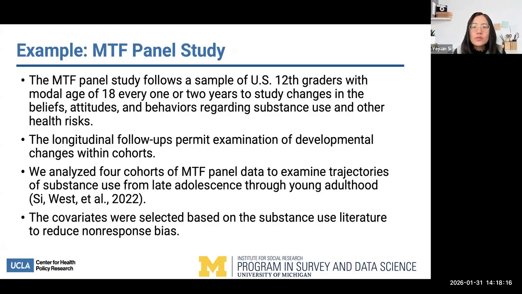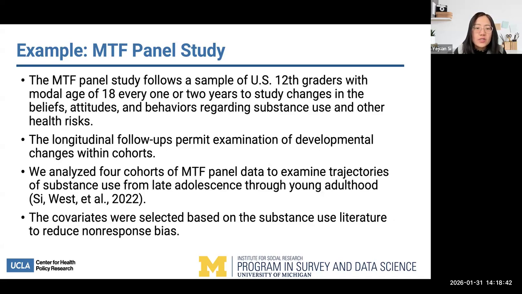The goal is to study changes in the beliefs, attitudes, and the behaviors regarding substance use and other health risks. The longitudinal follow-ups permit examination of developmental changes within cohorts. So the cohorts are the recruitment cohorts across years.